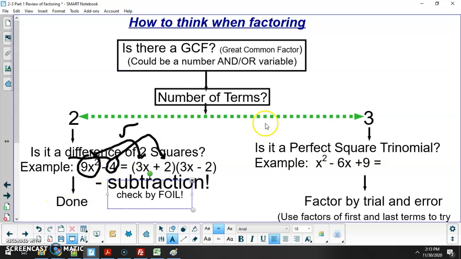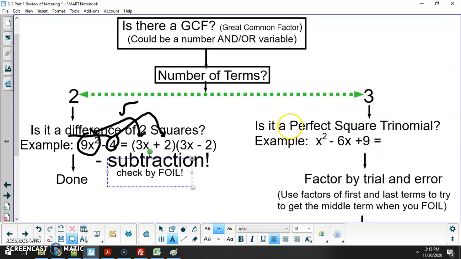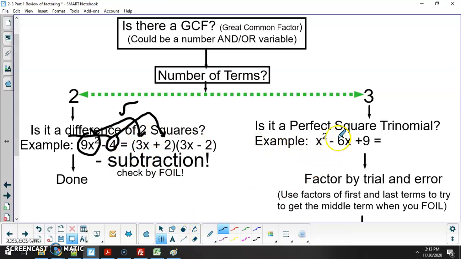For 3 terms, there's a special case where it is a perfect square trinomial. A perfect square trinomial is kind of like a difference of 2 squares, only you have a middle term that is related to the first term and the last term. First off, it has to be perfect squares for the first term and last term.